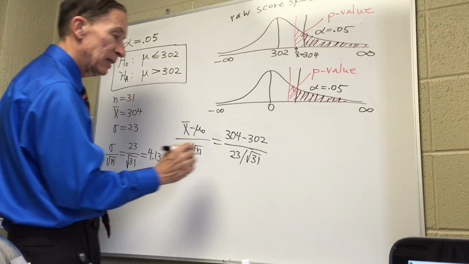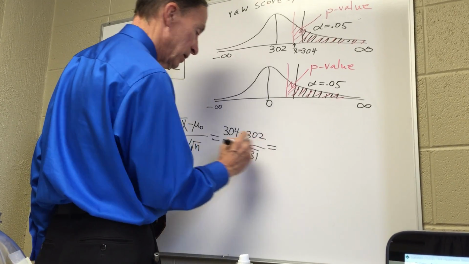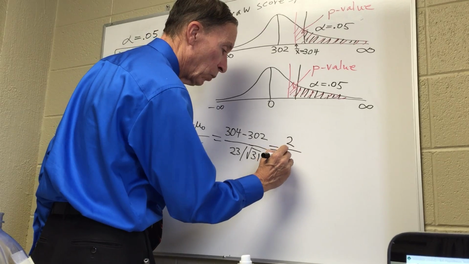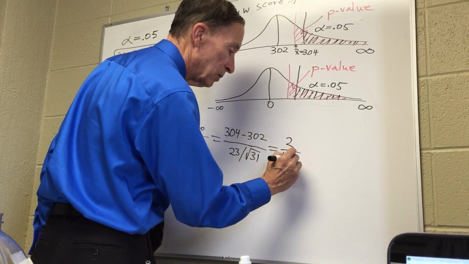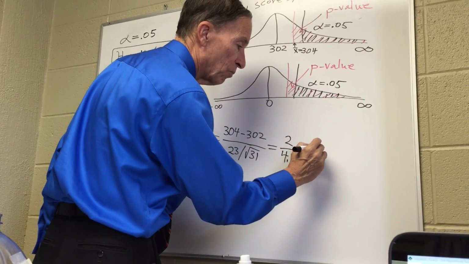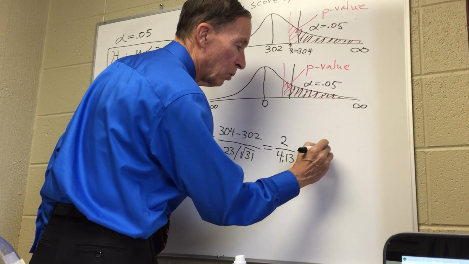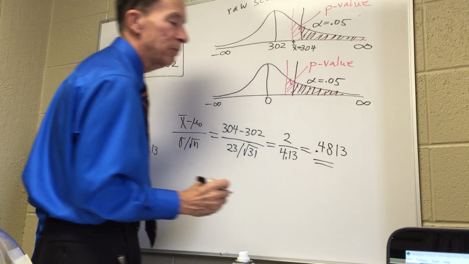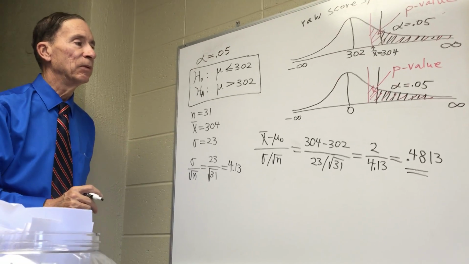We've already calculated that at 4.13. When we do the division, 2 divided by 4.13, we get 0.4813. Of course, we only get two decimal places in our z table.